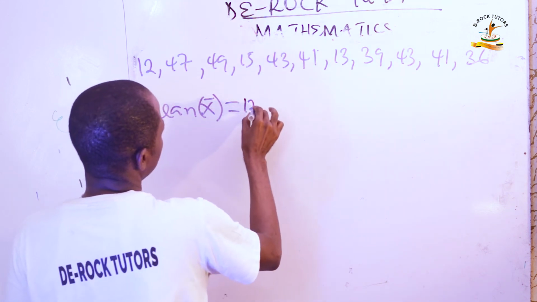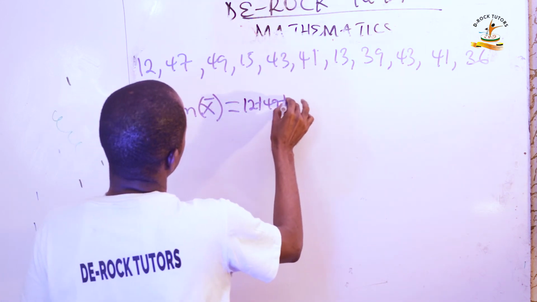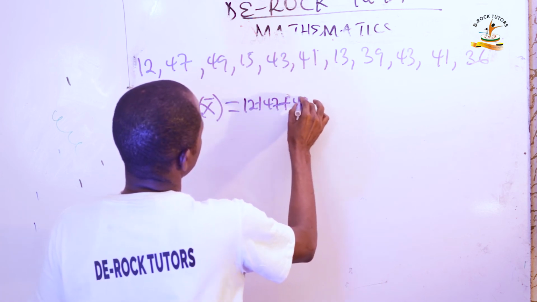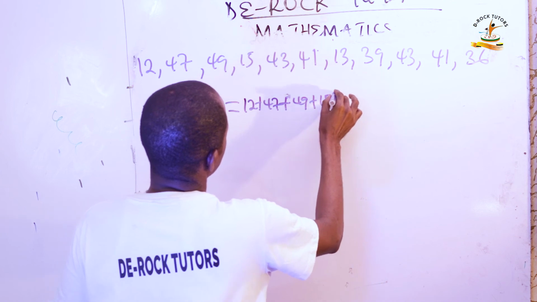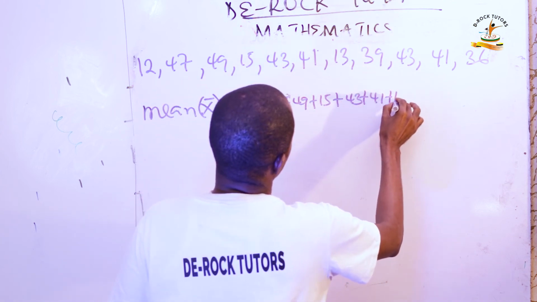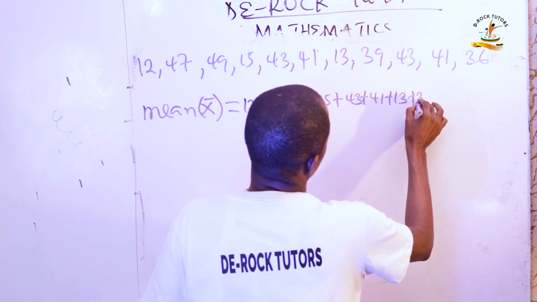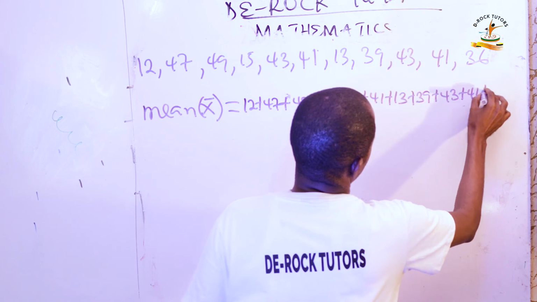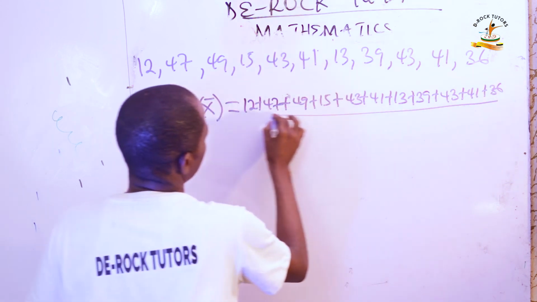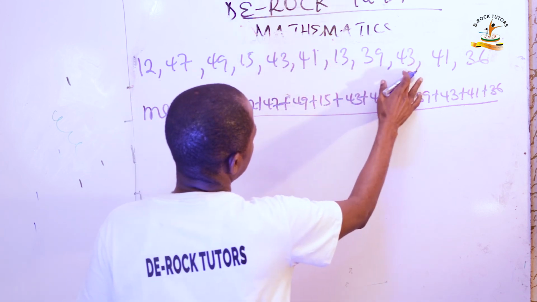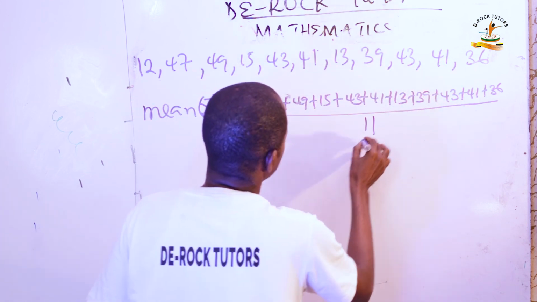That will be 12 plus 12 plus 13 plus 15 plus 36 plus 39 plus 41 plus 43 plus 43 plus 47 plus 49, all divided by 11.